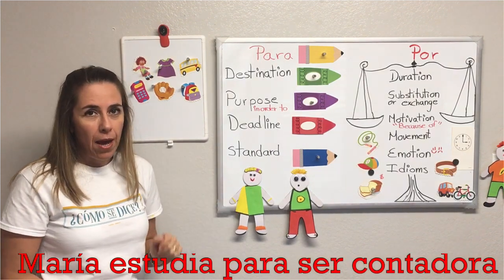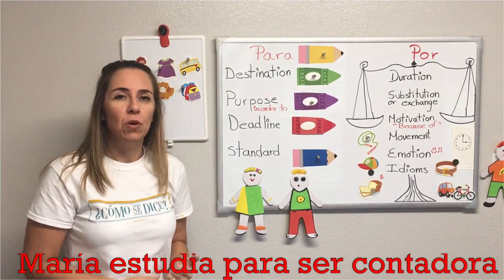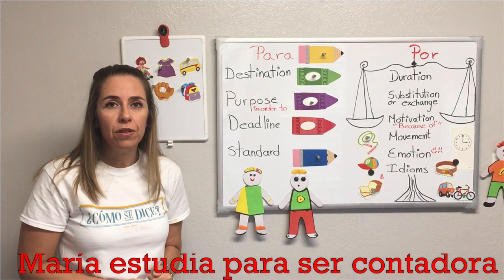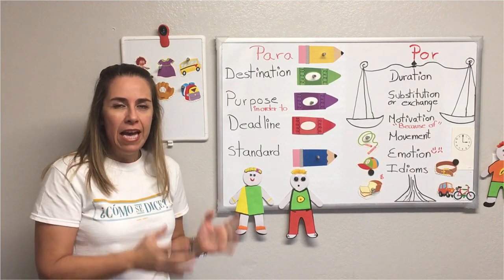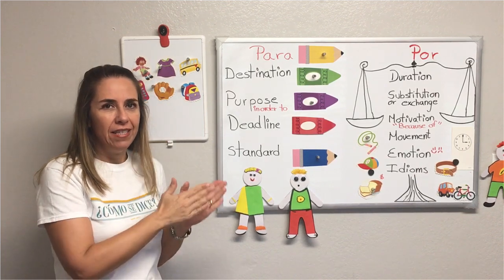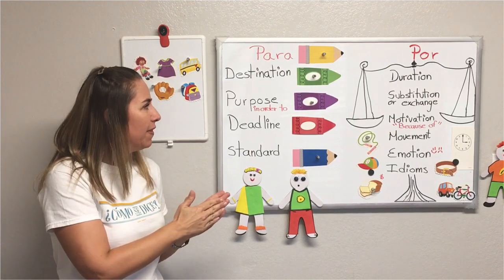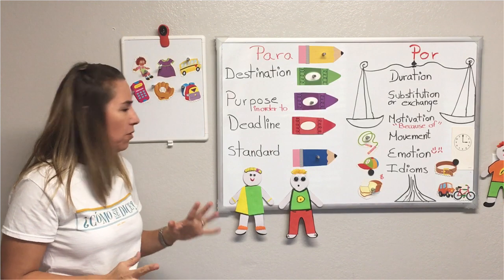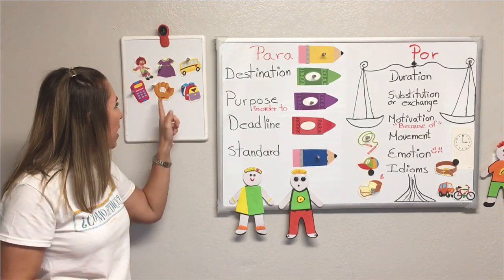María estudia para ser contadora. Or Maria studies in order to be an accountant. Every time you can fit in order to, you're gonna use para.